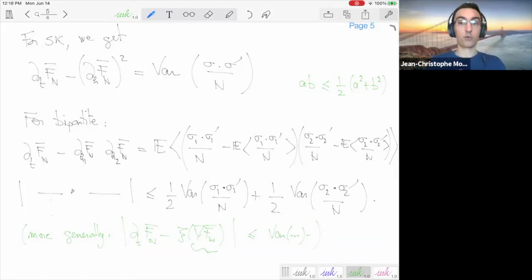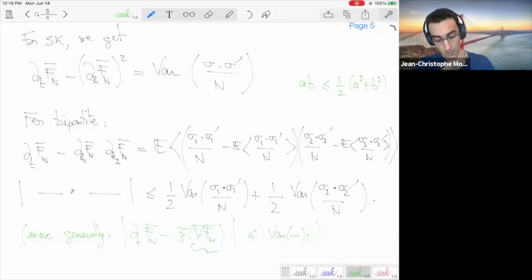Now there are very important differences between all of these models, SK, bipartite, and others. All of those spin glass models differ in fundamental ways from the models that we have studied in the past weeks.